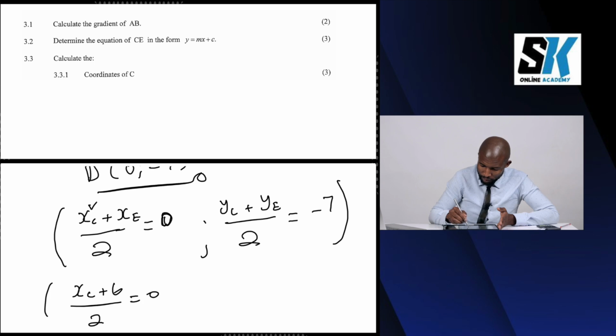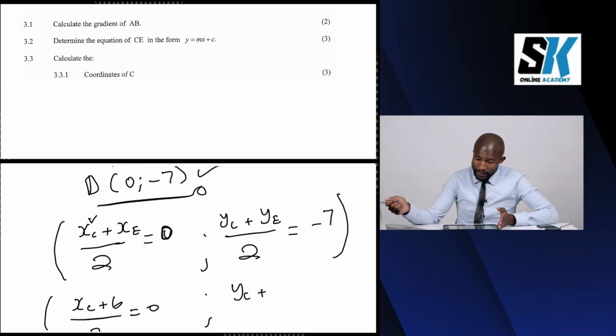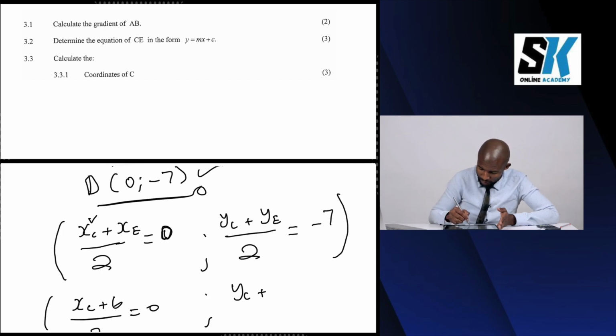And then when we continue to the Y side, we're going to say YC plus the coordinate of E, which is the Y coordinate of E, is negative 4. So YC plus a negative 4, which is a minus 4, all over 2 equals negative 7.